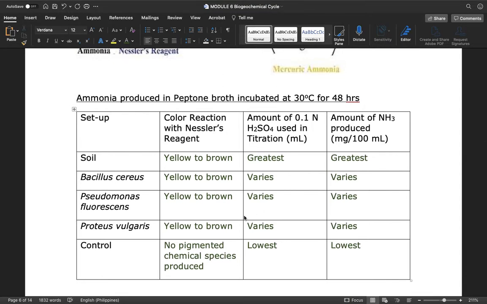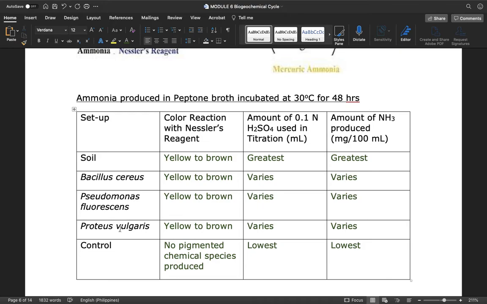So we have four setups, and then of course our negative control: soil, Bacillus, Pseudomonas, and Proteus. As I've discussed and repeated multiple times already, expect that most terrestrial microbes will have the capacity to break down organic compounds containing nitrogen so that they can produce inorganic nitrogen-containing compounds like ammonium and ammonia. Most terrestrial microbes possess that.